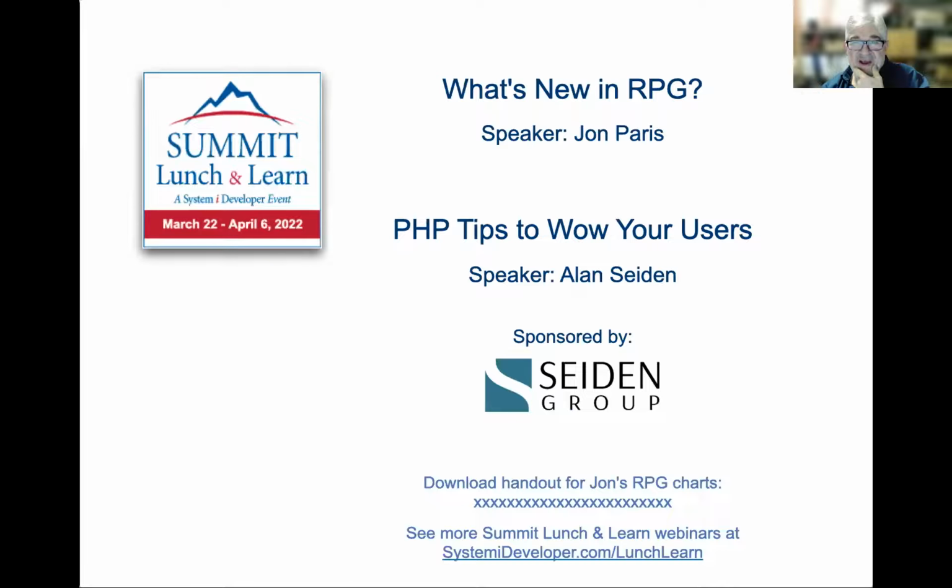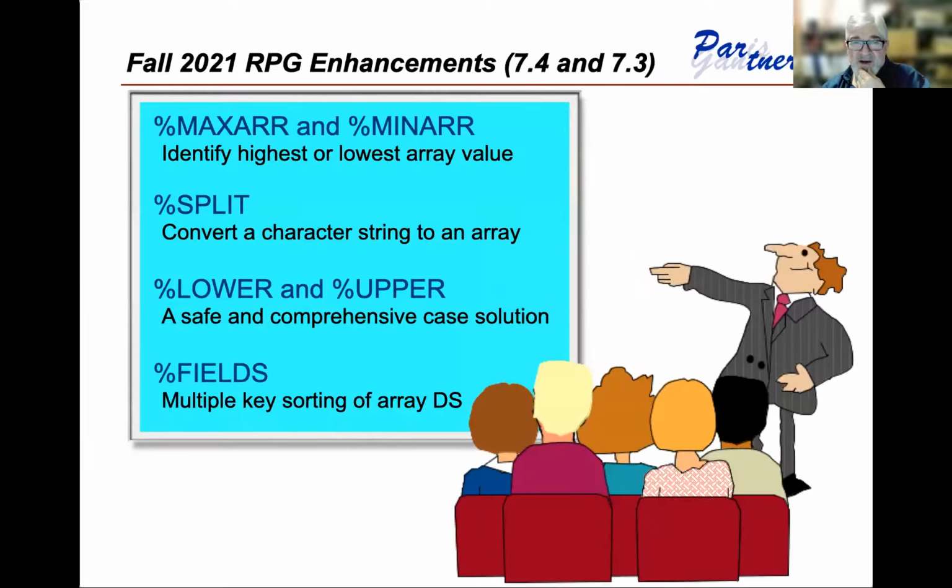So let me just go back. We had the contents, the meat of the sandwich. Now we're back to the bread, back to the crusts again. So we're going to look at max array and min array, which are all oriented towards new programmers who expect this kind of capability.